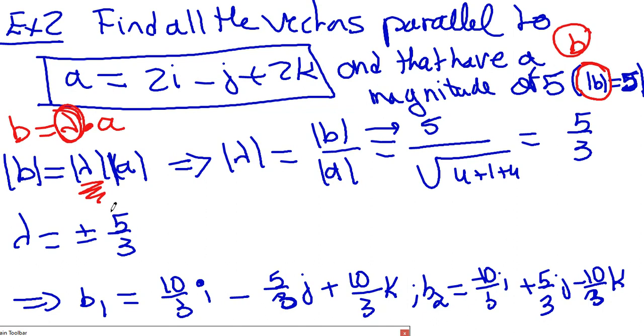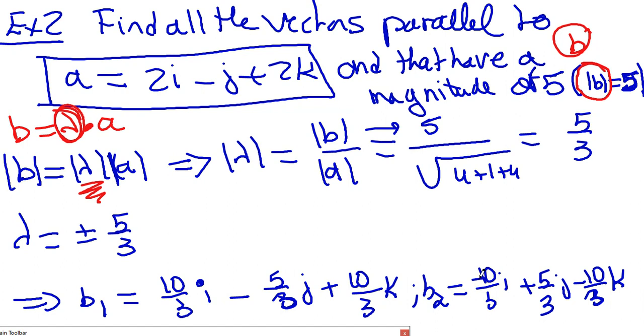So this constant could be plus or minus, because even if you multiply by plus or by minus, the magnitude in the end is positive. Then all I need to do is multiply the given vector a by 5/3 or by -5/3. In both cases, if I try to find the magnitude, radical of (5/3) squared plus this one squared plus this one squared, it's going to give me the answer 5.